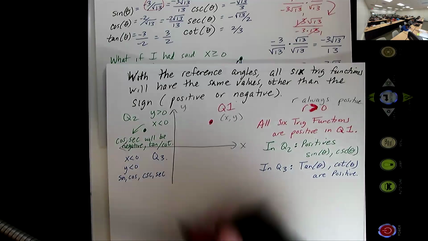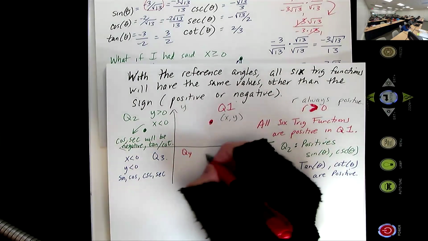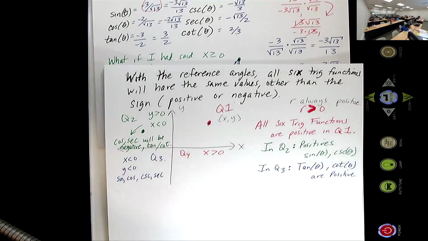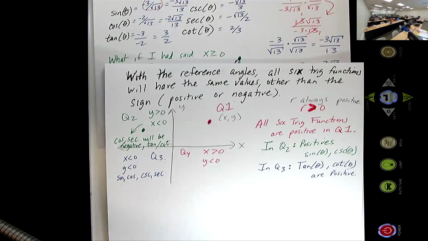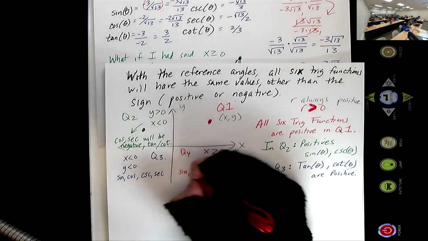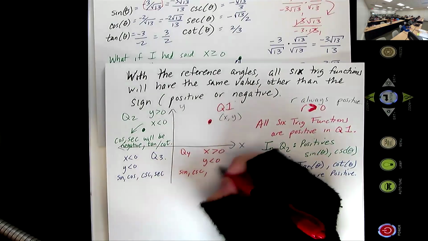In quadrant 4, down here, X is positive, we're to the right of the Y-axis, Y is negative, which means anything with Y in it is negative. Sine, cosecant, tangent, cotangent are negative.